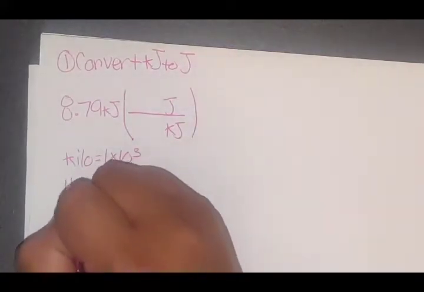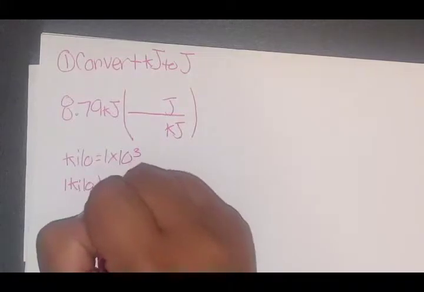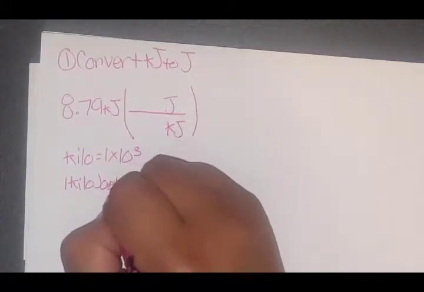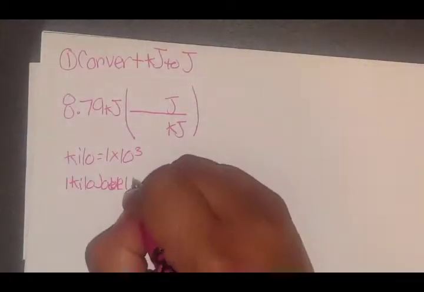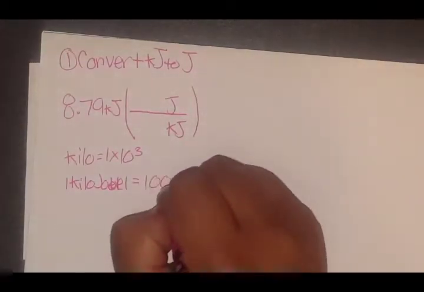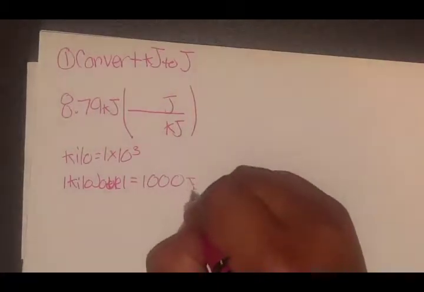So 1 kilojoule, sorry, I misspelled the joule, is equal to 1,000 joules.